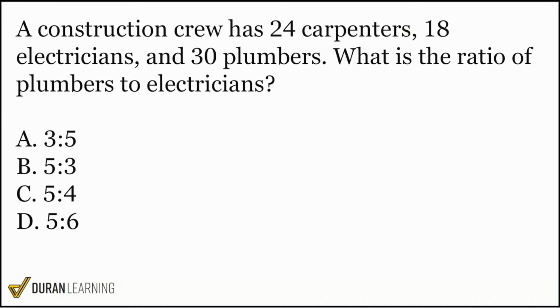I'll agree with you. The given information says a construction crew has 24 carpenters, 18 electricians, and 30 plumbers. Given the goal of the question, everybody, this is why reading the question sentence is so important. Given that the question sentence says we're looking for the ratio of plumbers to electricians, do we necessarily care about the carpenters at this moment in time?